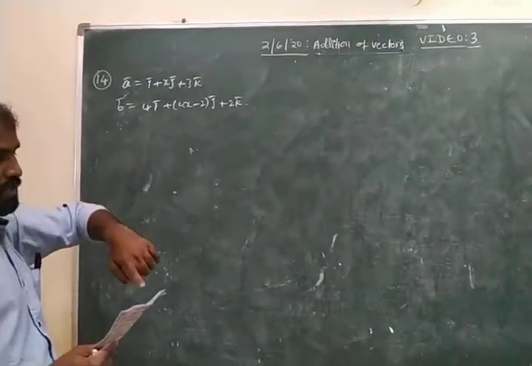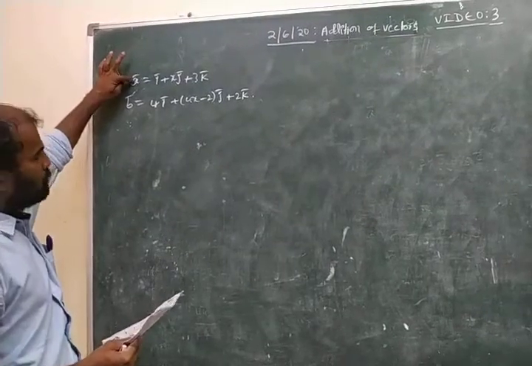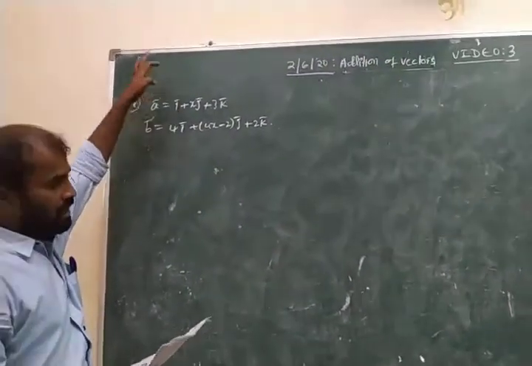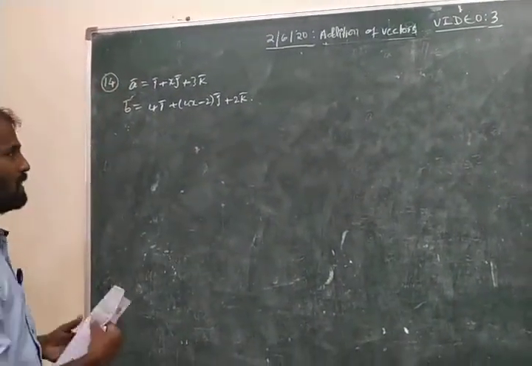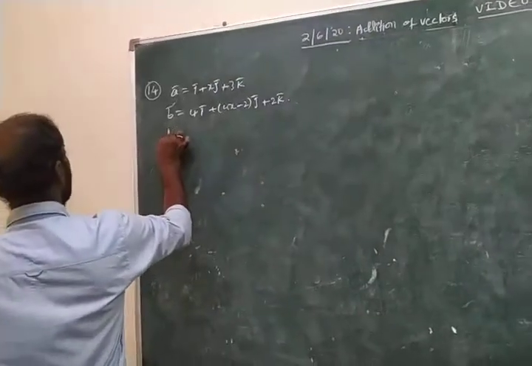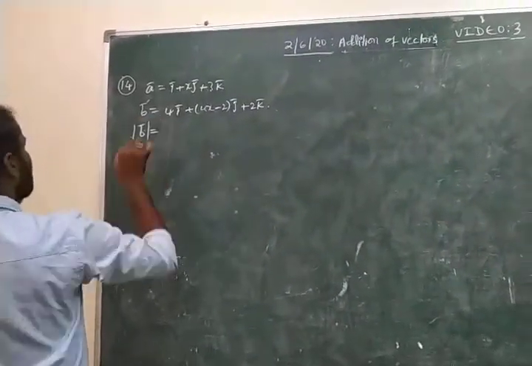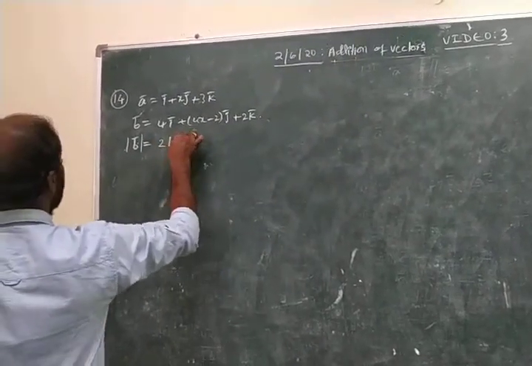So once again I repeat the question. The vector A bar is rotated through an angle theta and its magnitude is doubled, and it becomes B bar. That means the given condition is the length of B bar is equal to 2 times the length of A bar.